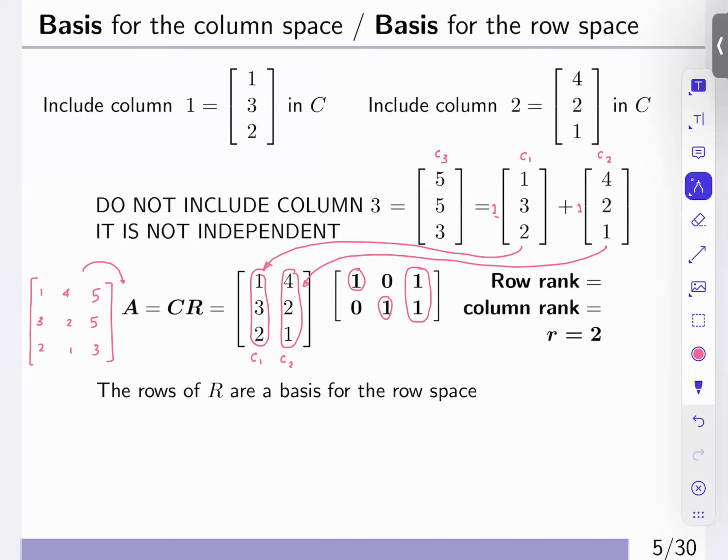So this column times row representation tells me what the features in that data set are that are independent and what features are dependent. Why are these features important?